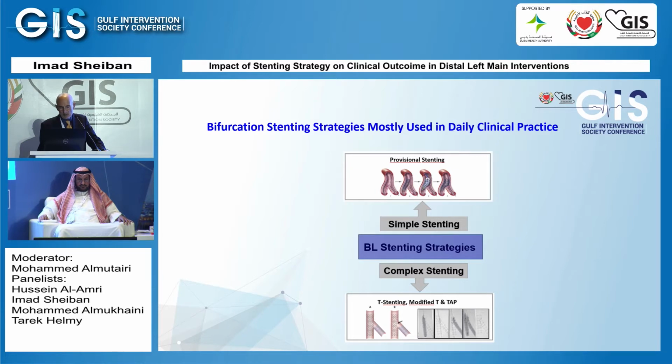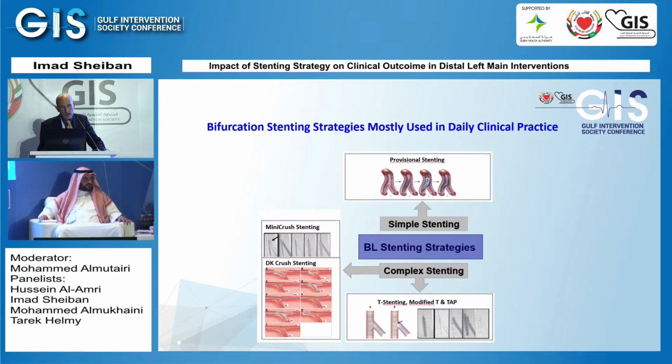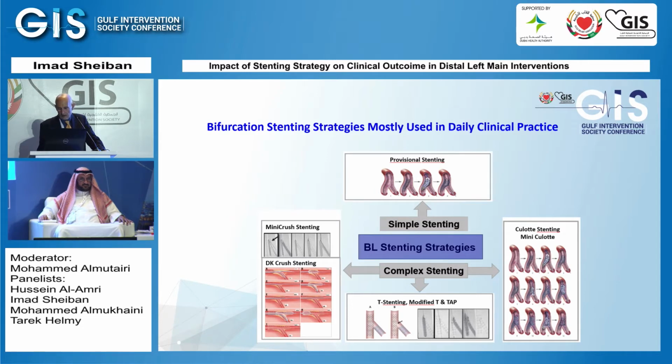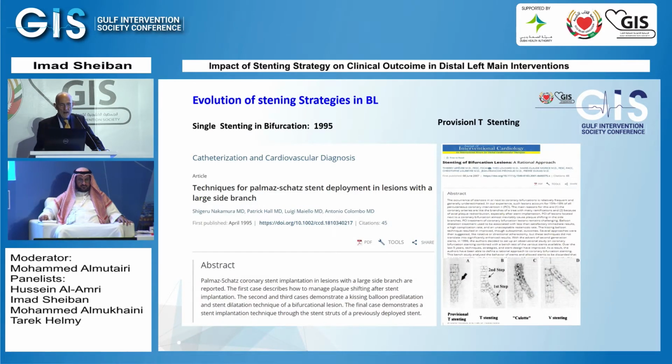But what is mostly used today in clinical practice is T and TAP, crush with mini crush and DK crush, and culotte as well as mini culotte. Now, let us go back and see the evolution of stenting strategies in bifurcation lesions.